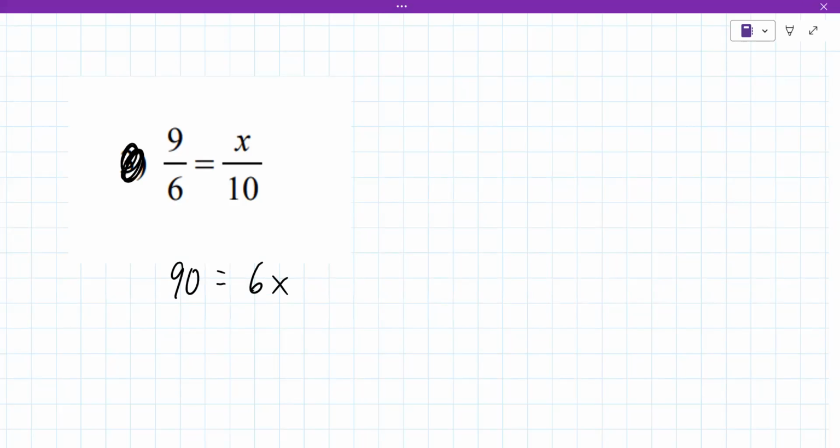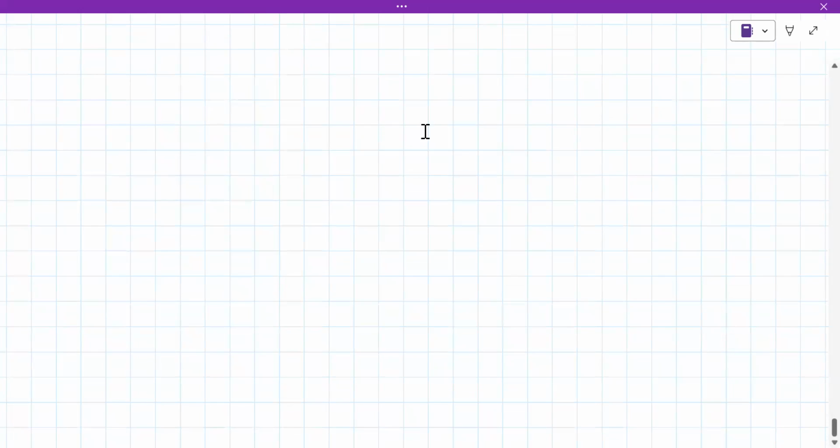So 90 divided by 6 is 15. So x equals 15. Really good. Okay. I was going to give you another proportion here. Yeah, you've already had enough of those.